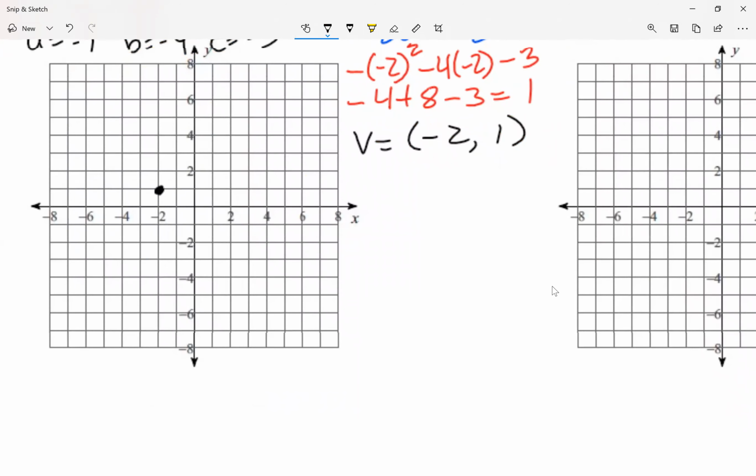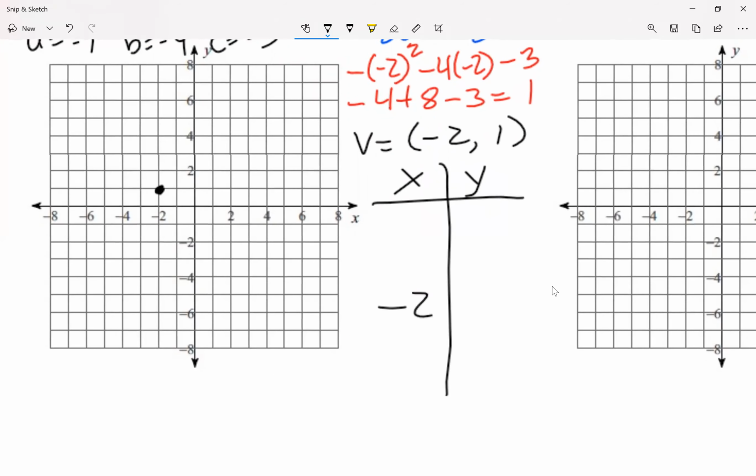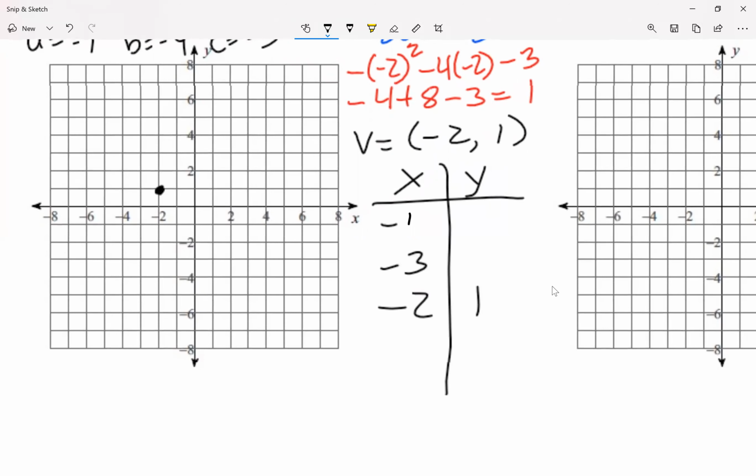Remember, I'm going to make a chart of X and Y values. My X on the vertex is -2, so I'm going to put my -2, 1. I put my vertex in the center. Let me choose two smaller numbers than -2. So I'm going to go -3, -4.